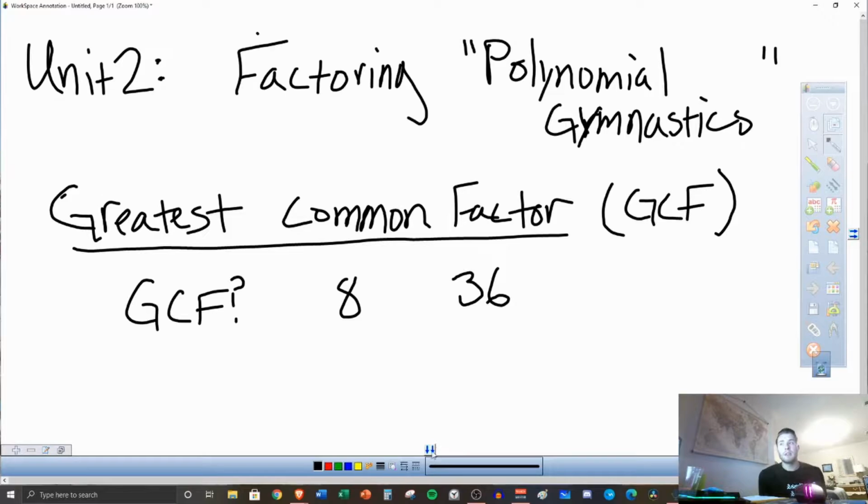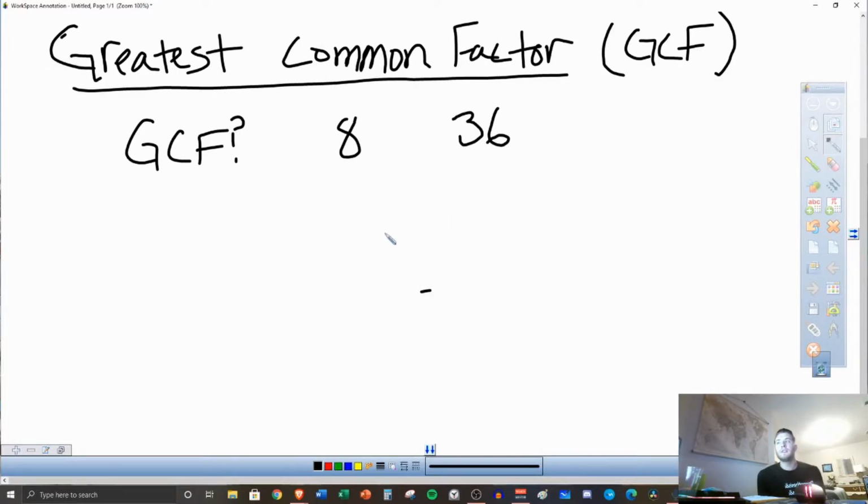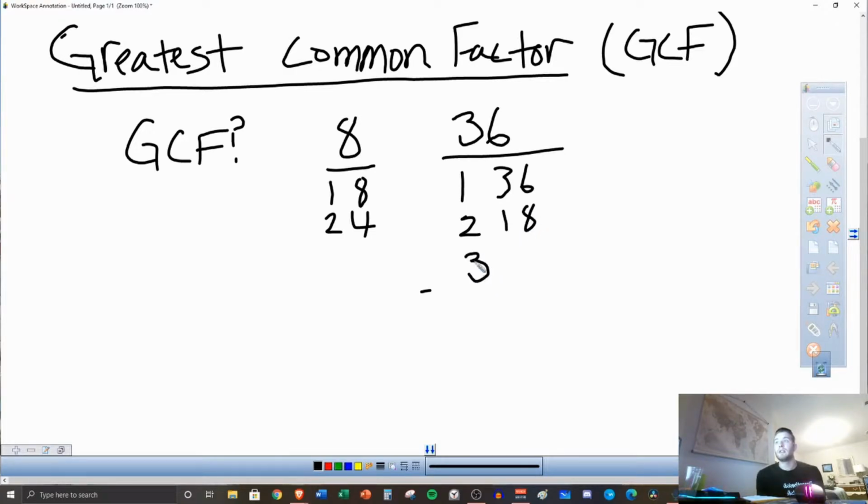All right, so you had time to think about it and answer. You should have said that the GCF, what is the greatest common factor? Well, if we list out all the factors, we know 1 and 8, 2 and 4. There's no more there. Here we have 1, 36, 2 and that would be 18. Does 3 go into this? Yes, 3 and 12. 4 and 9, 6 and 6.